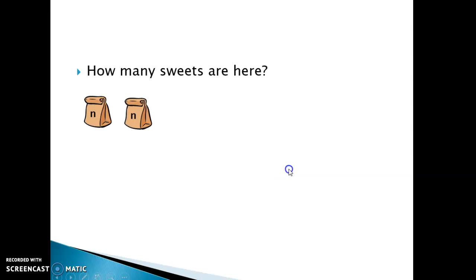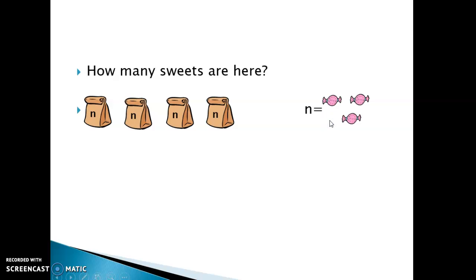Next, how many sweets are there? How many bags of N do we have? 1, 2, 3, 4. We have 4 bags of N. Shall we see N equals what? Yes, let's see. N equals 1, 2, 3.